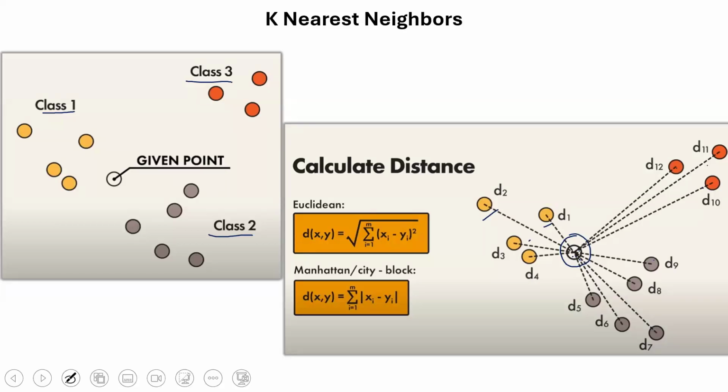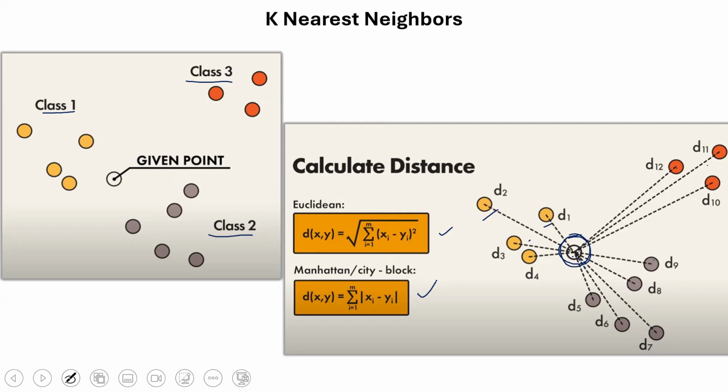It can be n number of points. When you calculate the distance, what formula can you use? You can use Euclidean distance, Manhattan distance, and you can also use Mahalanobis distance. We have also studied why Mahalanobis distance is more effective than Euclidean distance.